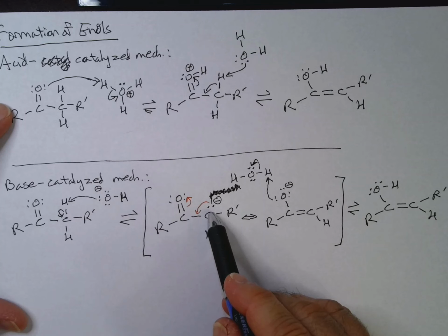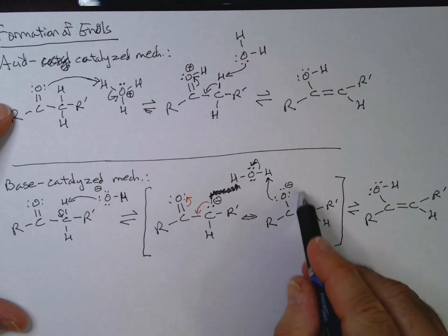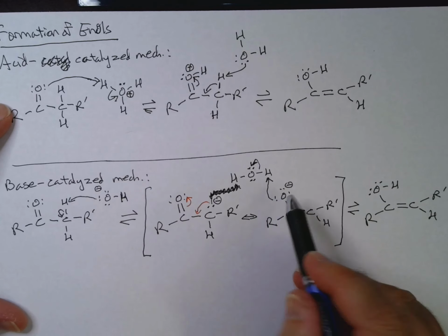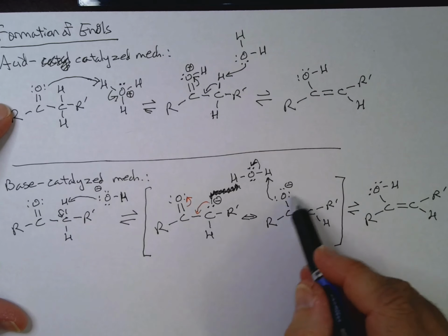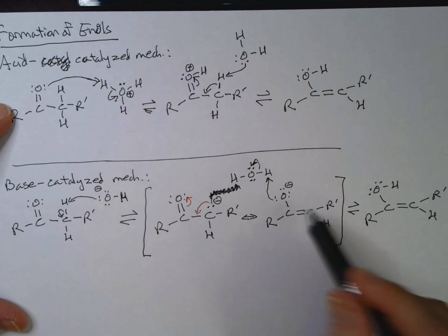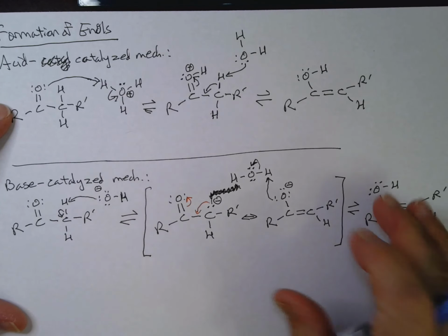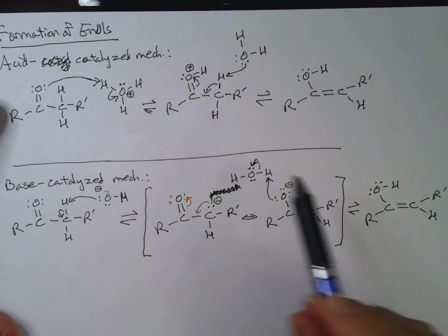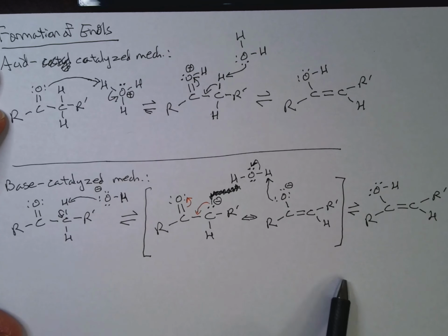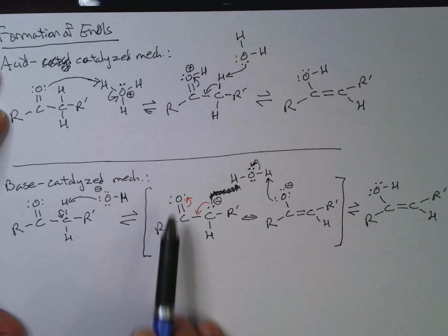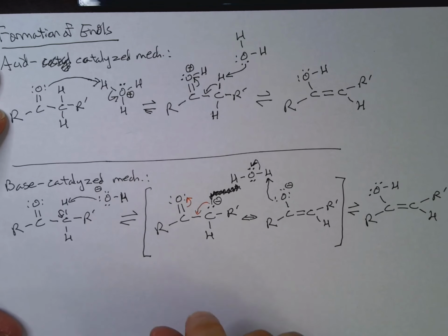That's going to be our nucleophilic atom here. Whereas having a negative charge on an oxygen is more stable. So this resonance structure gets at the stability of the enolate. But anyway, those are the mechanisms for forming enols in acid or in base, and of course in base it goes via an enolate ion.